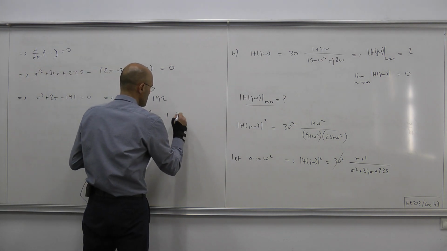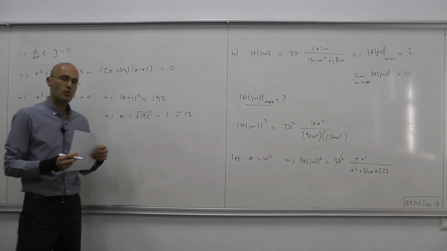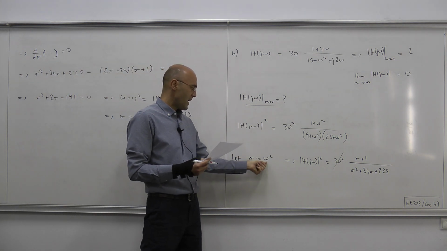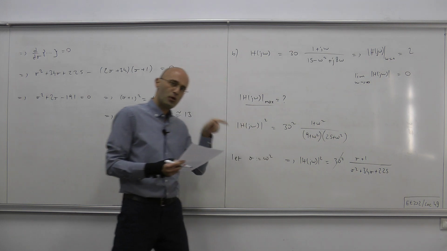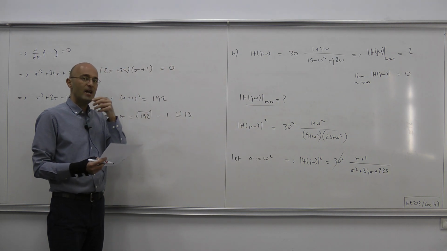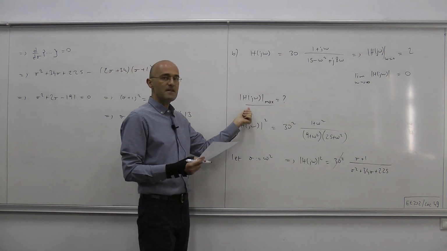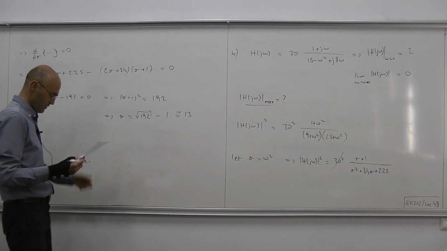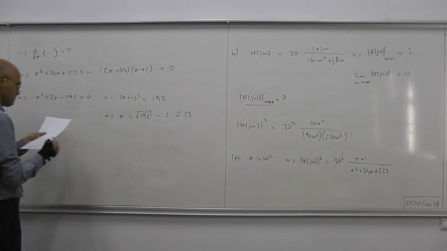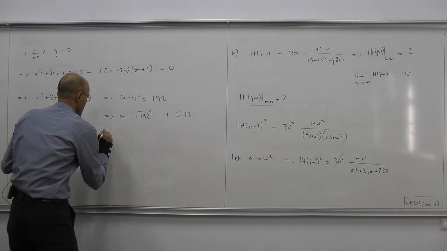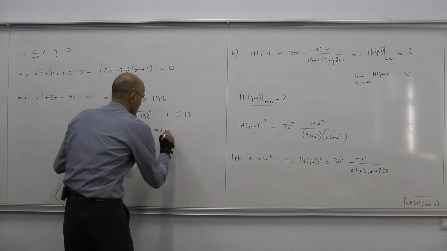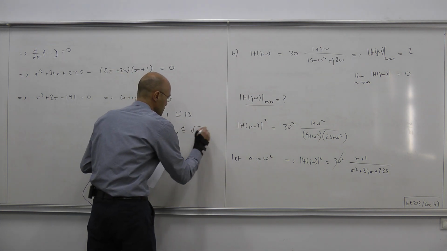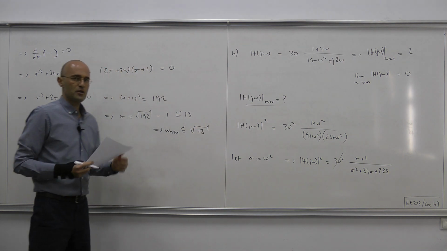So what we have achieved is the following: take the square root of 13, and that's the frequency, approximately, at which the gain attains the maximum value. So that means ω max, the peak frequency, is approximately the square root of 13.